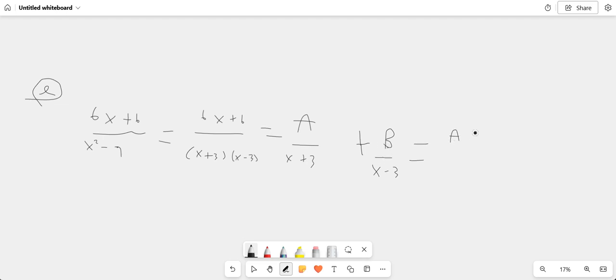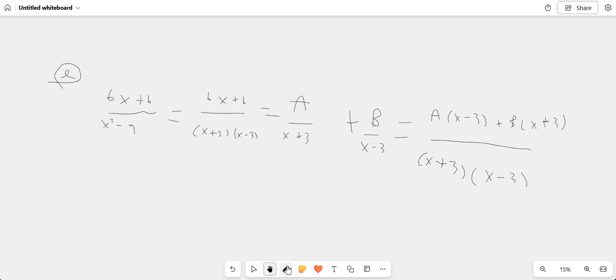So move that up there. a open bracket x minus 3 plus b open bracket x plus 3, over x plus 3 open bracket x minus 3, yeah. So the top is equal to the top here.